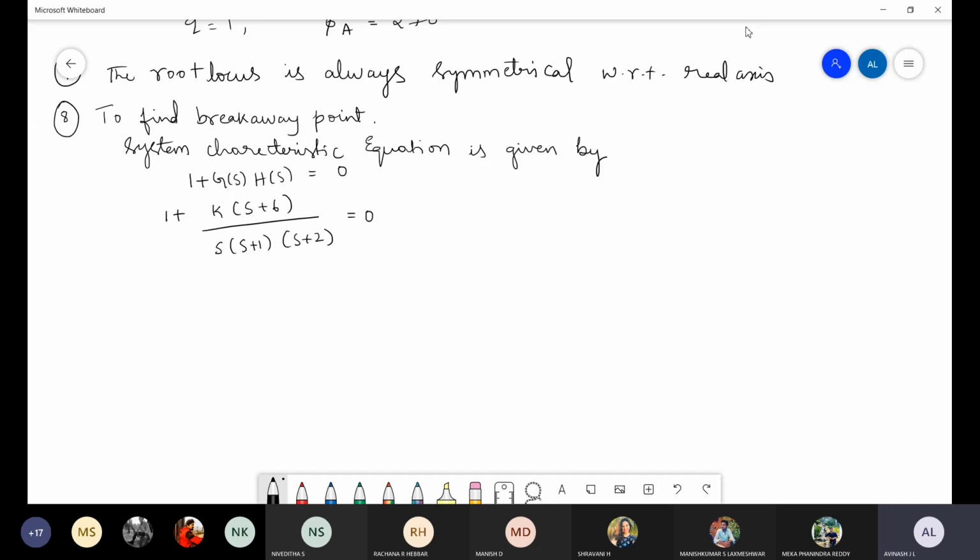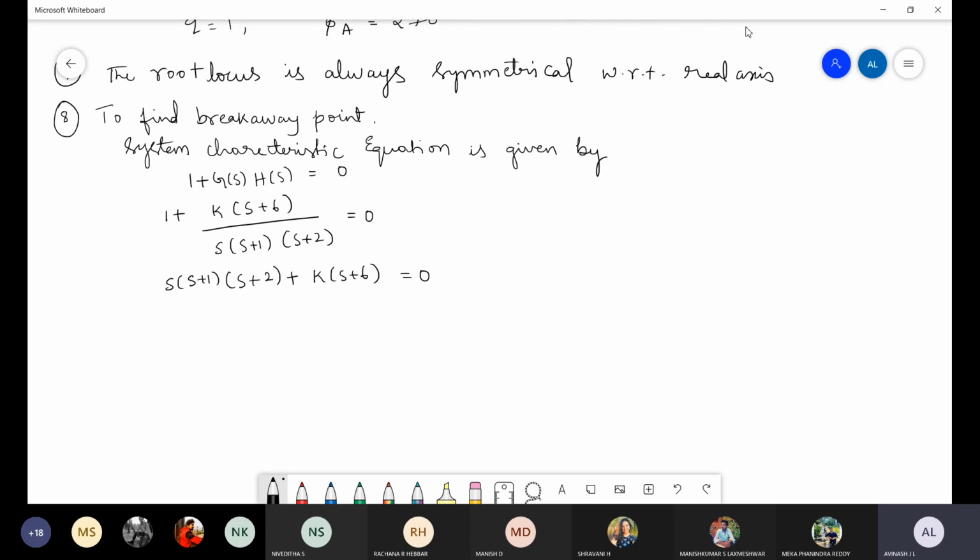Okay, so now if you do the cross multiplication and simplify the equation, you will get s into (s plus 1) into (s plus 2) plus K into (s plus 6), that will be equal to 0. So this is the characteristic equation.